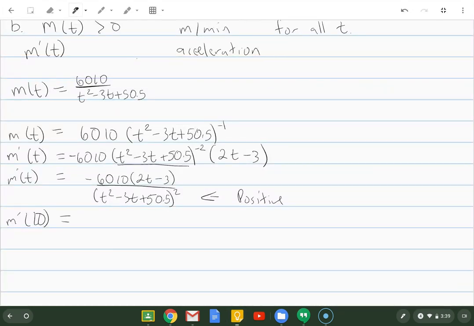So that's going to equal negative 6,010 times 2 times 10 minus 3. 2 times 10 is 20, minus 3 is 17, times negative 6,010. So that's going to be a negative. The numerator is negative, so m prime of 10 is less than 0. So that means her acceleration is negative.